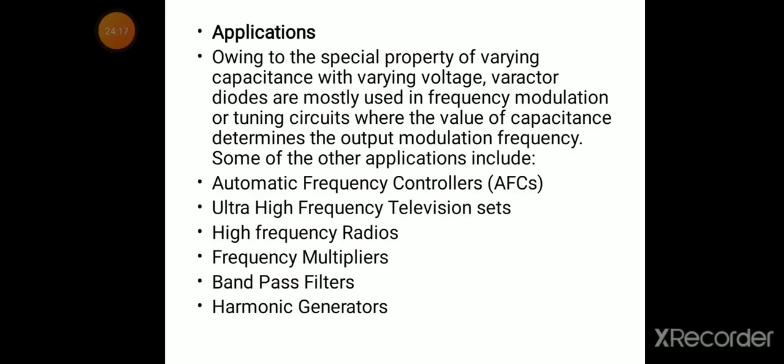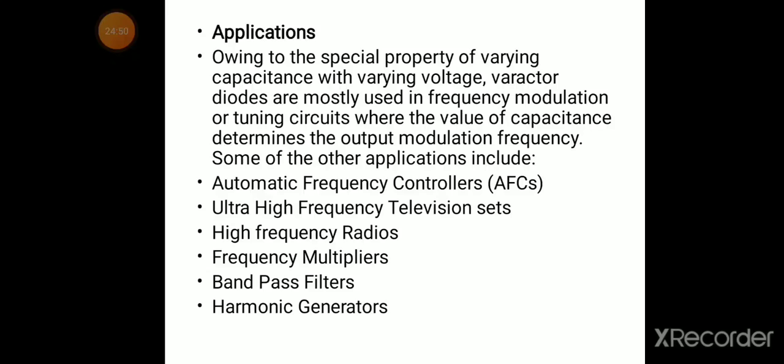harmonic generators. Owing to the special property of varying capacitance with varying voltage, varactor diodes are mostly used in frequency modulation or tuning circuits where the value of capacitance determines the output modulation frequency.